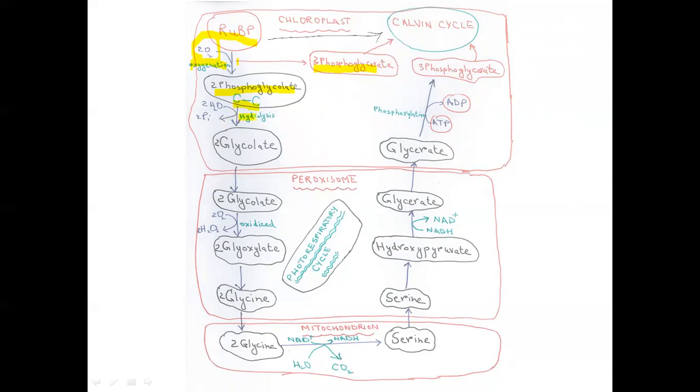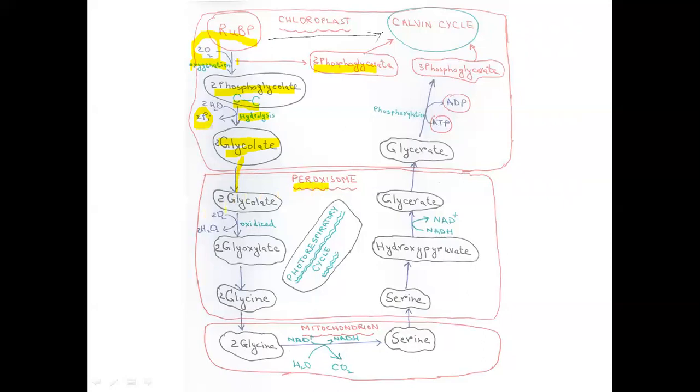Now hydrolysis occurs. The water reacts with phosphoglycolate, 2 phosphate molecules are released, then the phosphoglycolate produces 2 molecules of glycolate. Now this glycolate will be transported from the chloroplast to peroxisomes.